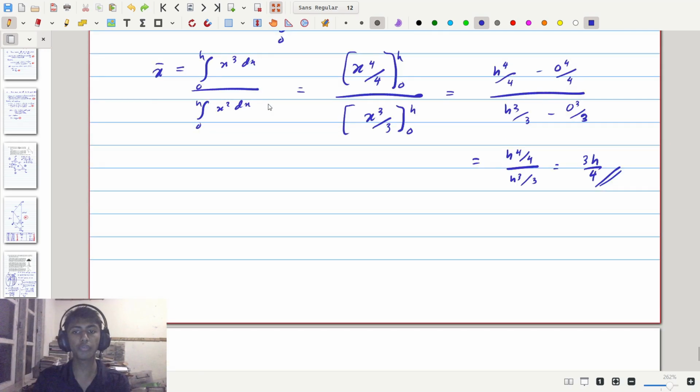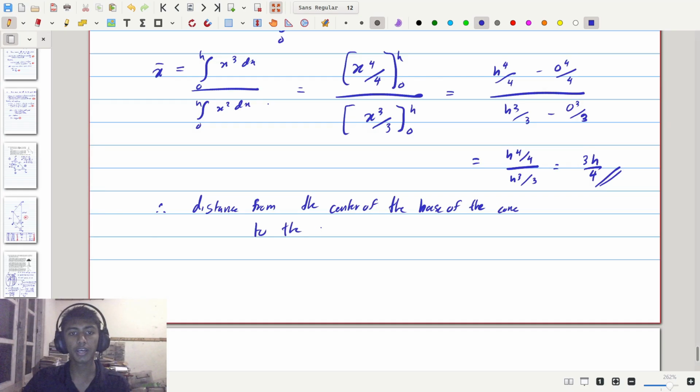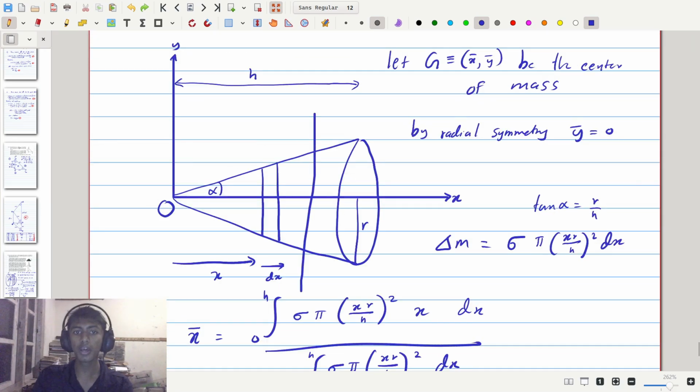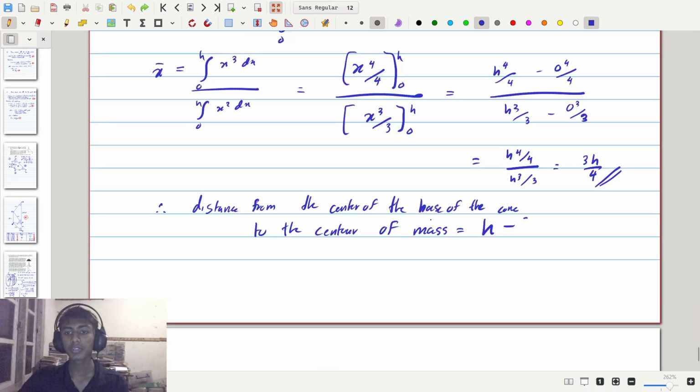So we can say that, therefore, the distance from the center of the base of the cone to the center of mass is equal to the total height h minus the distance of the center of mass from the tip of the cone, which is the origin, until the center of mass, which is going to be 3h over 4.